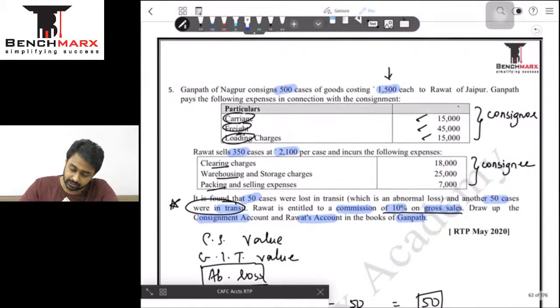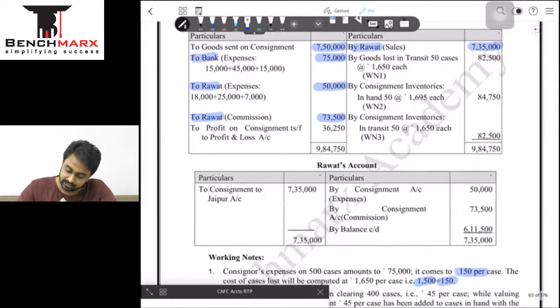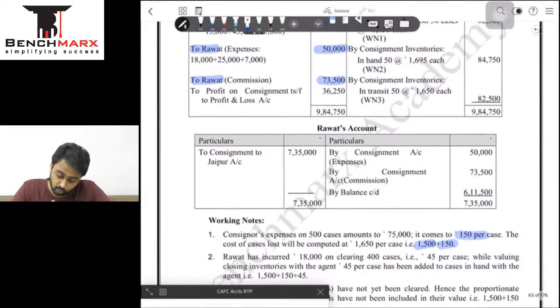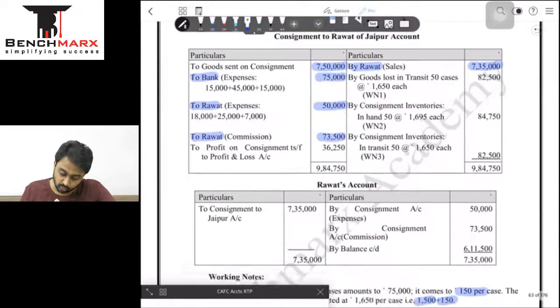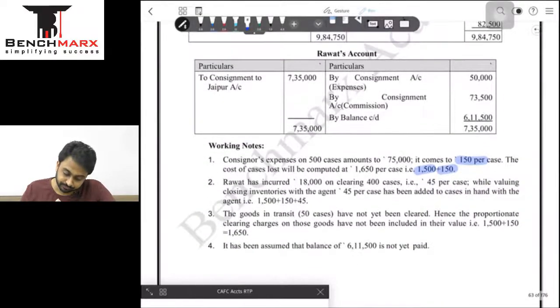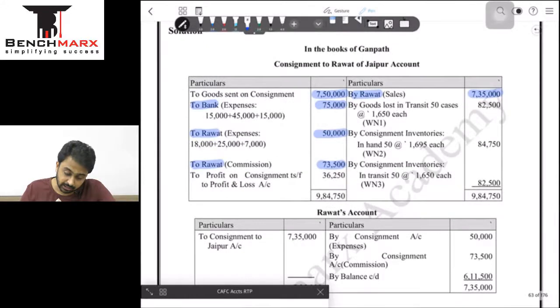What is your total expense? 75,000 divided by 500 into 50 appears to be 750, and that 750 has come here. No, I did something wrong. Oh, I took the consignor expense.